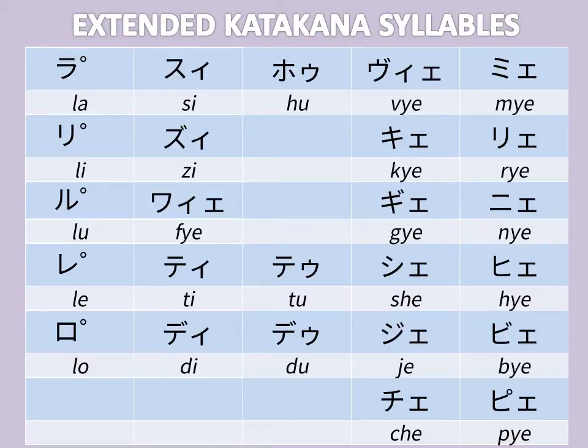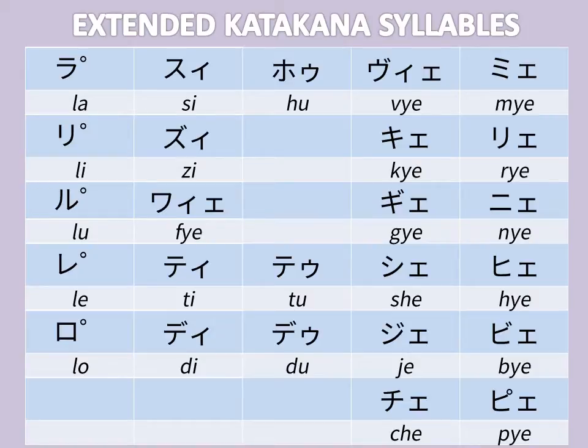So in the next row of the first column, we have the ri with a small circle on top, that's the handakuten, converting it to li. Then we have ru with a handakuten, converting it to lu. Then we have the re with a handakuten, converting it to le. Then we have ro with a handakuten, converting it to lo.